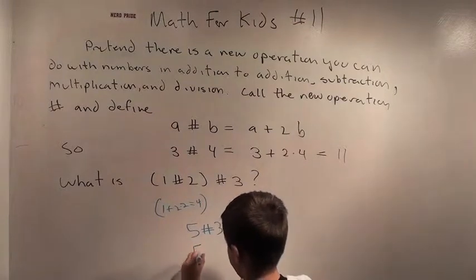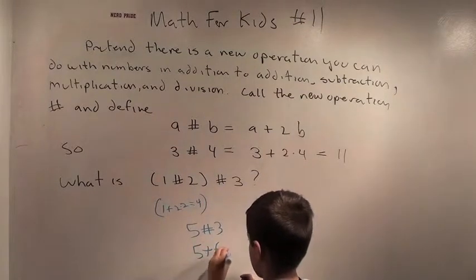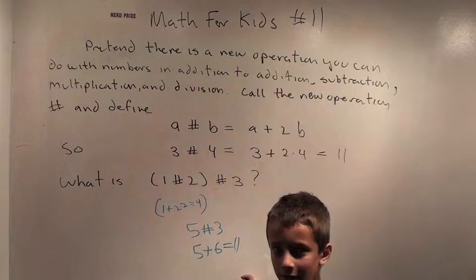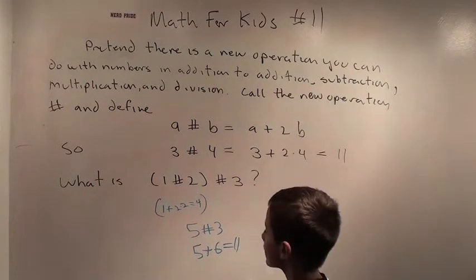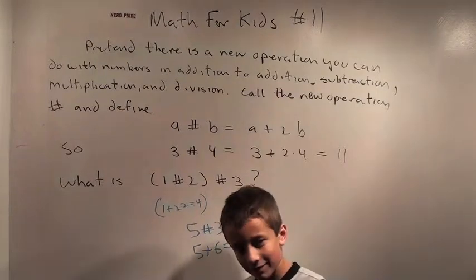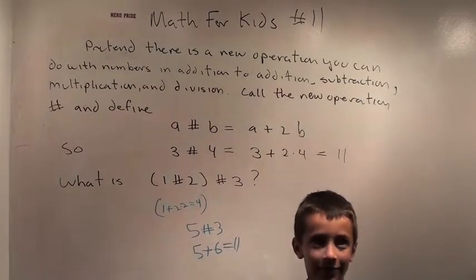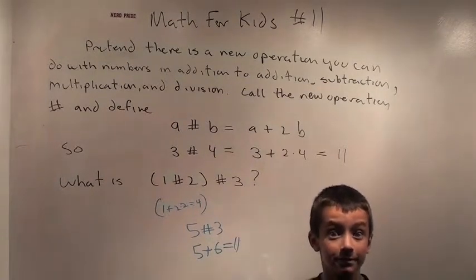It's 5 plus 6 equals 11. Oh, how funny is that? 5 checkmate 3 is 11, and 3 checkmate 4 is 11.